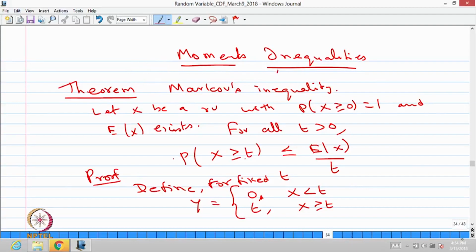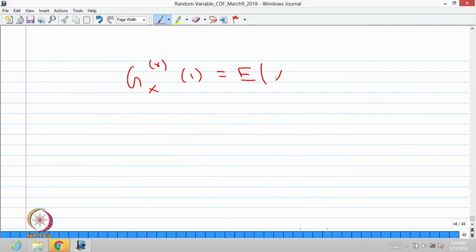I can write down the rth derivative evaluated at the point 1, that is nothing but expectation of x into x minus 1 multiplied by x minus 2 and so on till x minus r plus 1.